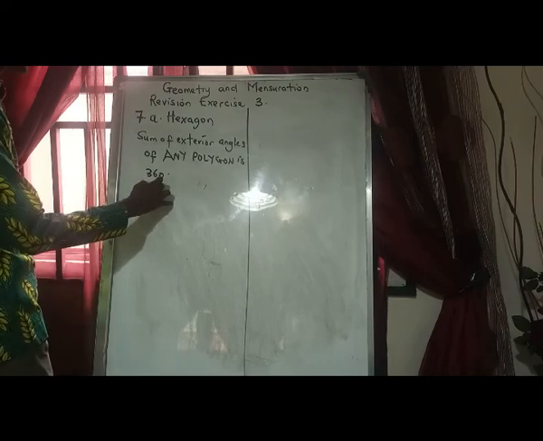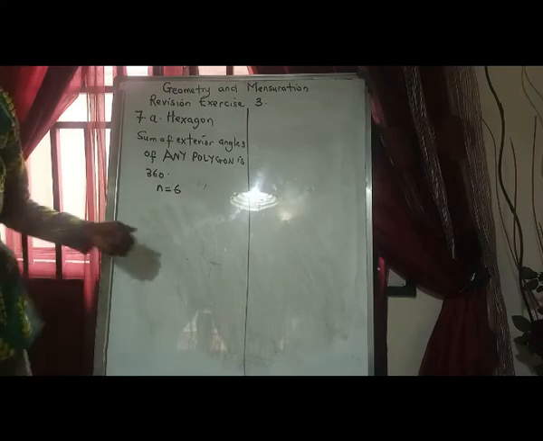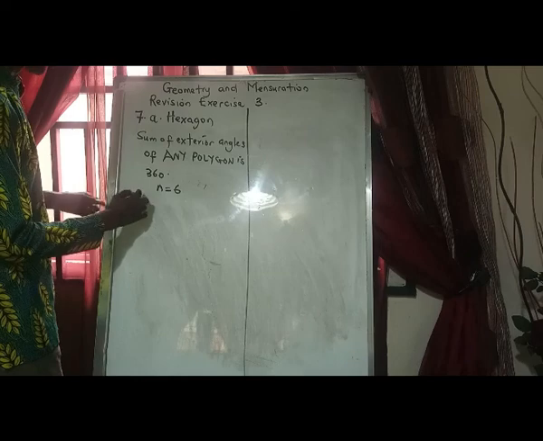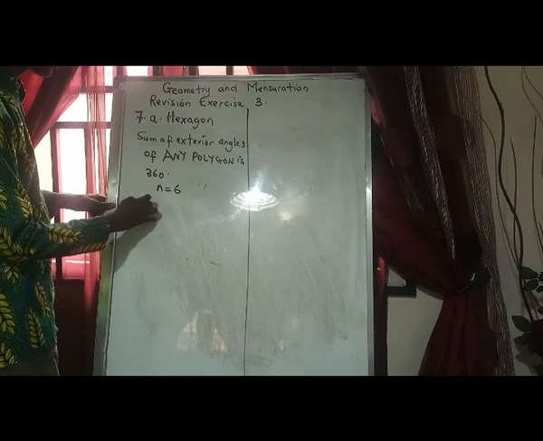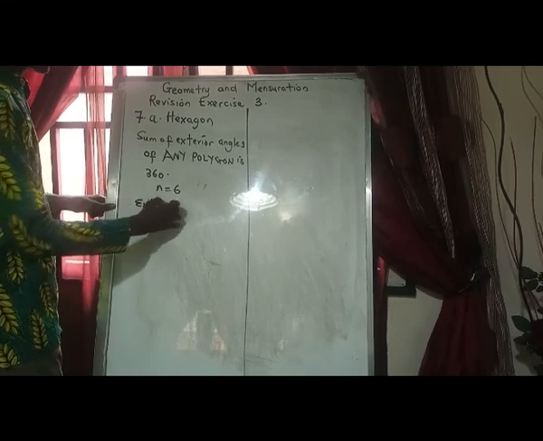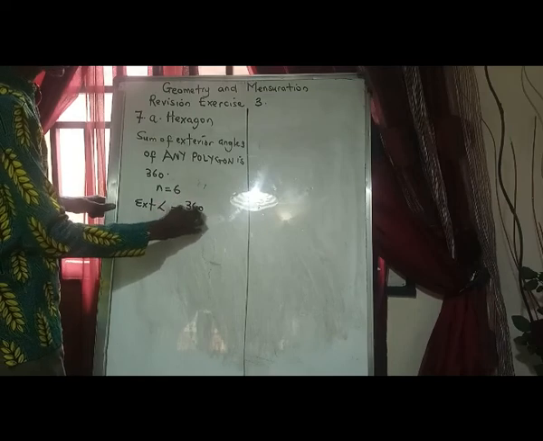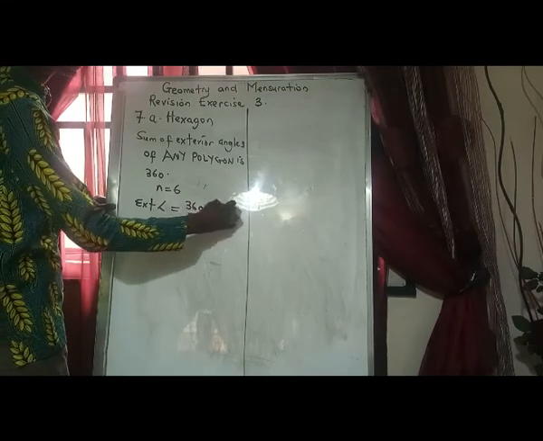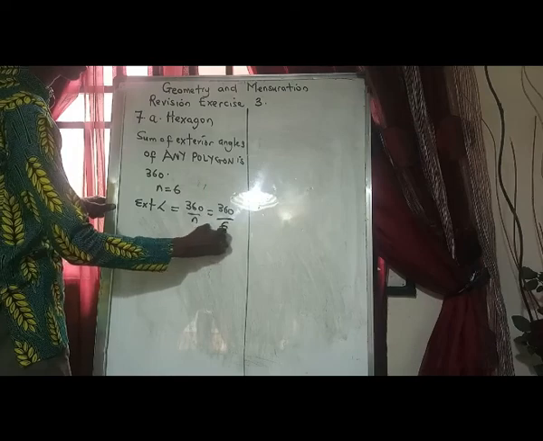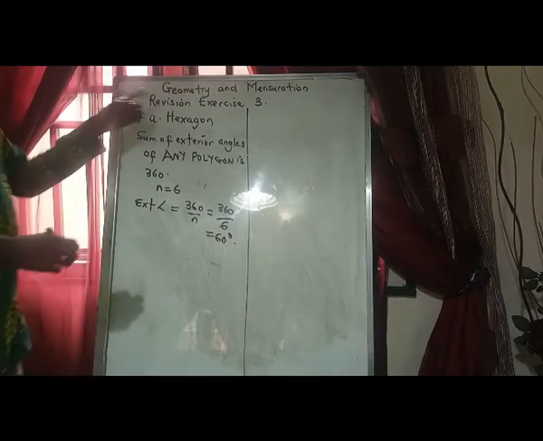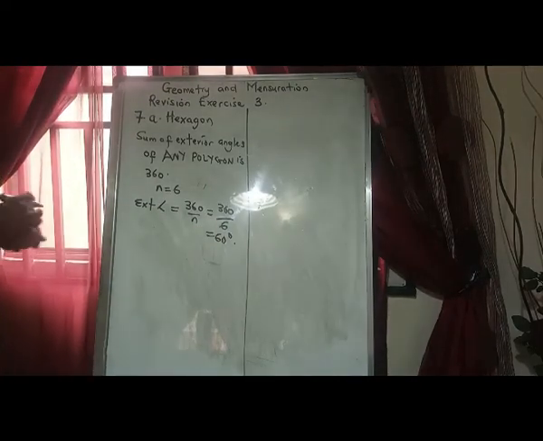So if the polygon is a hexagon, it means that n is equal to 6, meaning that it has 6 sides. So the exterior angle will simply be what? 360 divided by n, which will be 360 divided by what? 6, and that will be what? 60 degrees. That's for the hexagon.